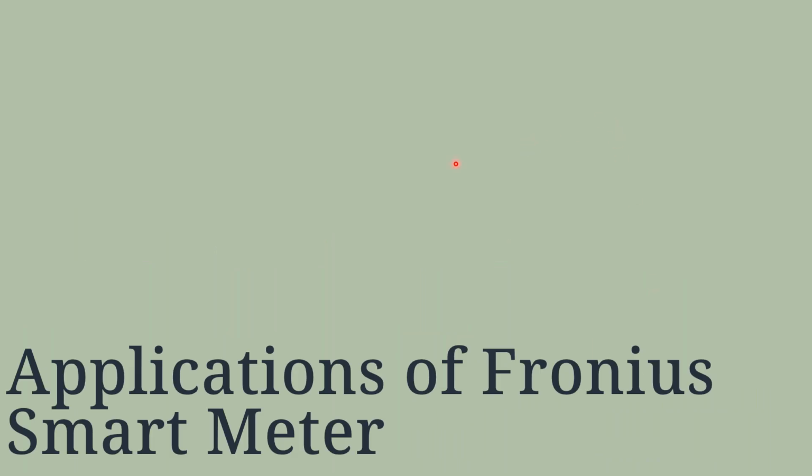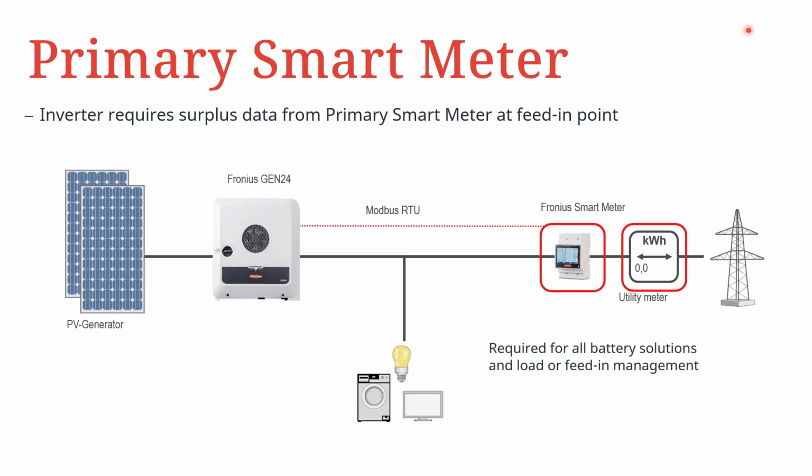So when it comes to the application of the smart meters, we typically have a smart meter installed at the feeding point. And in terms of knowing whether the smart meter is installed at the feeding point, it's typical to have the inverter power on the load side of the smart meter.